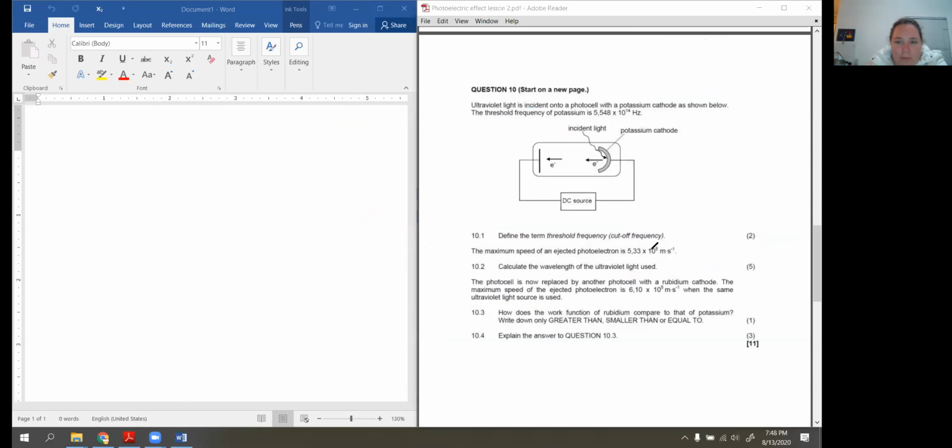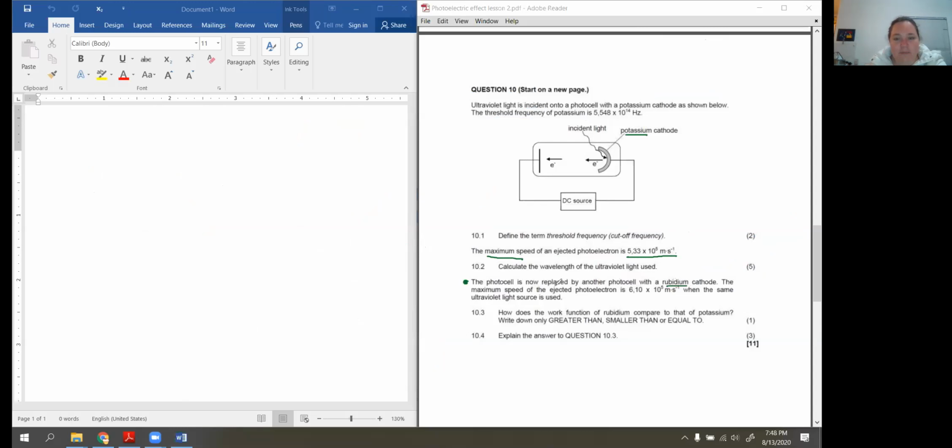So going back to here, it told us that in the original, the maximum speed was 5.33 times 10 to the 5. It then says the photocell is now replaced with another photocell with a rubidium cathode. So we're using rubidium instead of potassium.